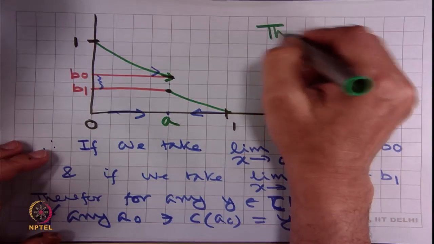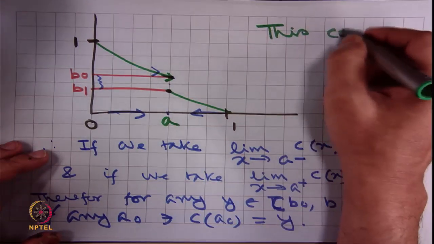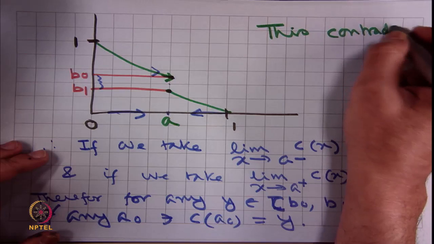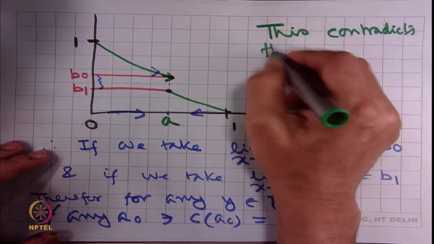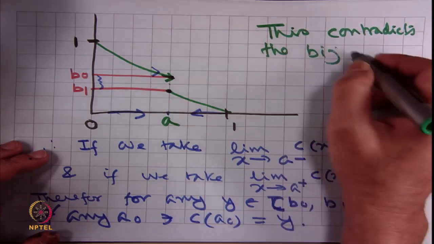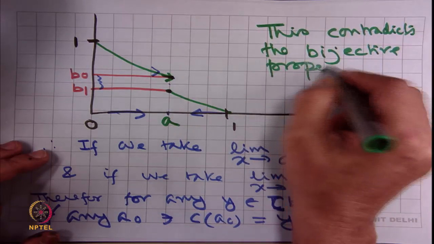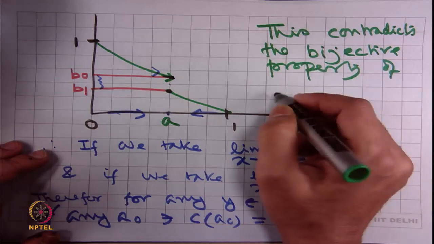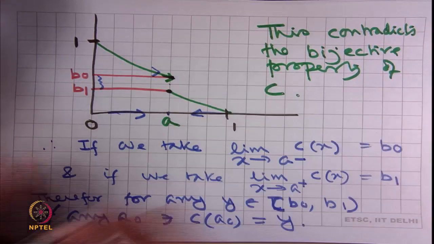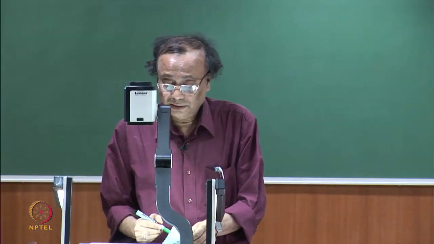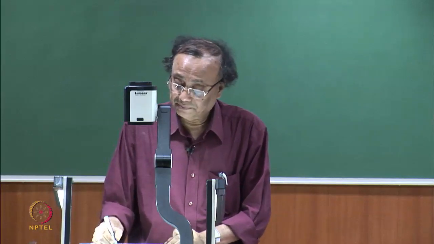This contradicts the bijective property of C. Therefore, C is continuous.